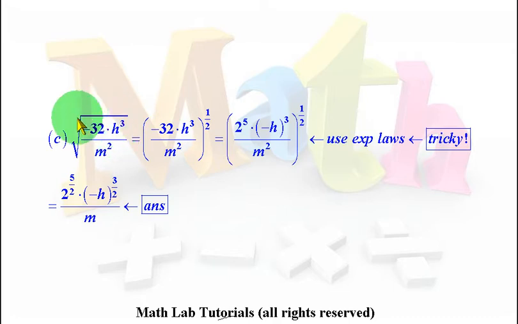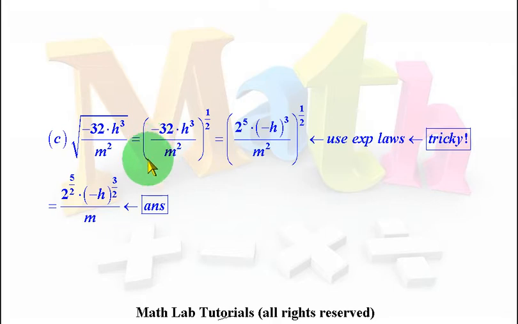In order for this square root to make sense, the argument has to be positive. That can only mean that minus h cubed is positive, and in turn that h has to be negative. So h has to be negative. Otherwise, the square root of this quantity will be an imaginary number, and we're not looking at those things yet. That'll be in future videos.